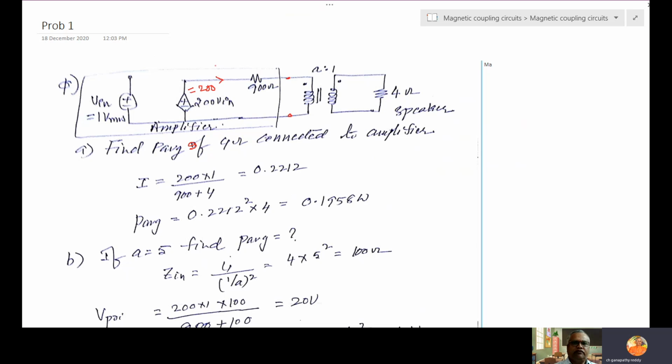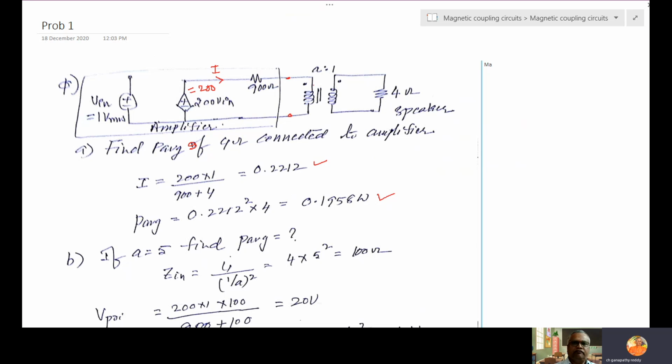Then how much current will flow here? 200 by 900 ohms plus the 4 ohm speaker connected here, so 900 plus 4. You will get this much current. That is the current flowing through this 4 ohm. Now what is the power? I square into R. Simplify, you will get the answer. That is a bit straightforward.